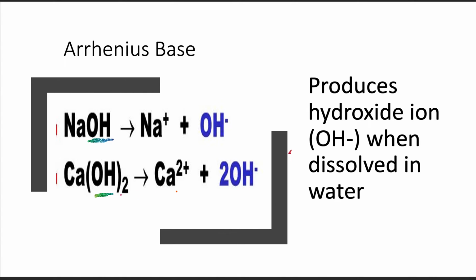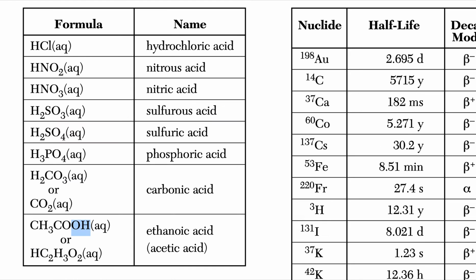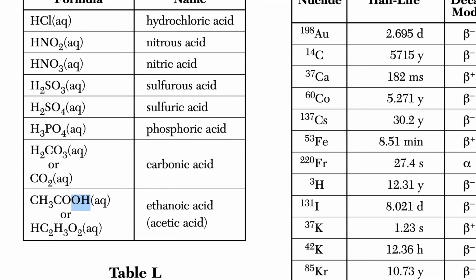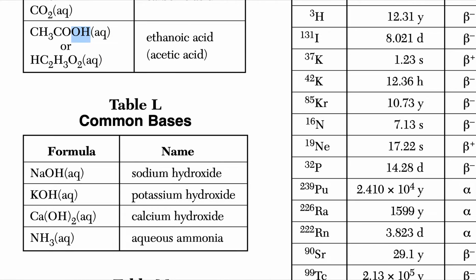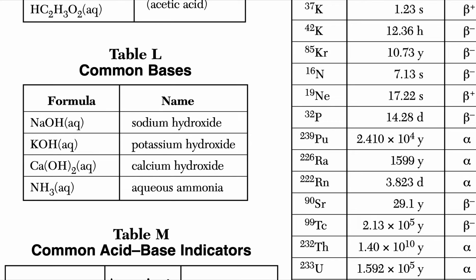And if you had to figure out from a whole bunch of examples which would be a base, here's another. We'll go on the reference table, and it's never going to be limited to just these, so we'll have more. They end in OH. This is the only one where it doesn't end in OH.